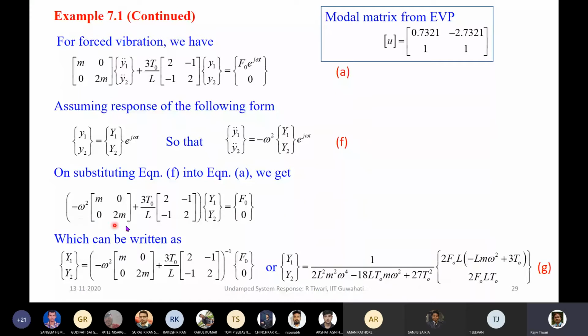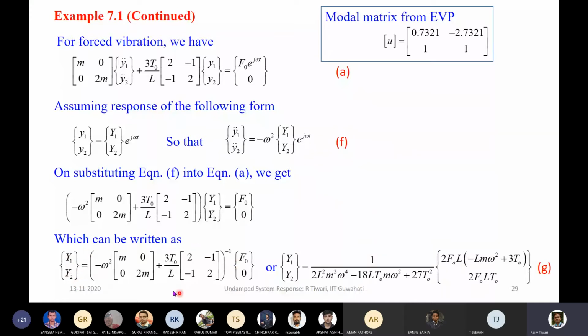Now you can see this expression does not contain any time dependent term, because it got cancelled on either side of the expression. What is our aim? Our aim is to get Y1 and Y2. So if we invert the summation of this matrix and pre-multiply by this vector, we can get Y1 and Y2.